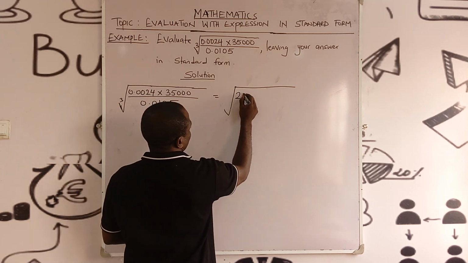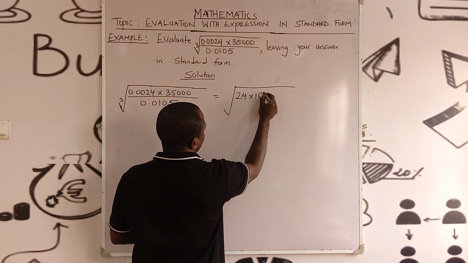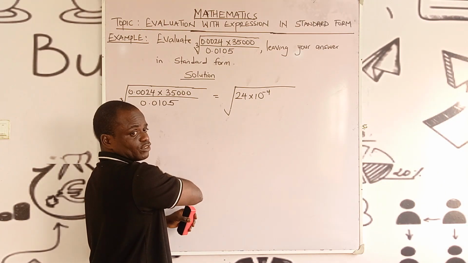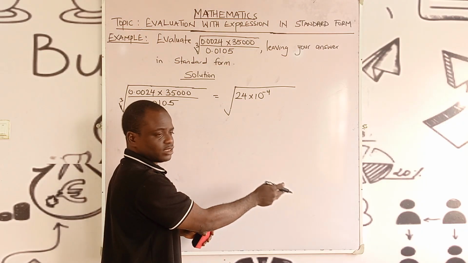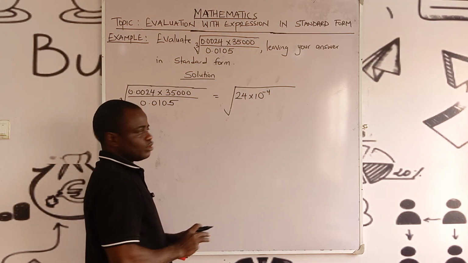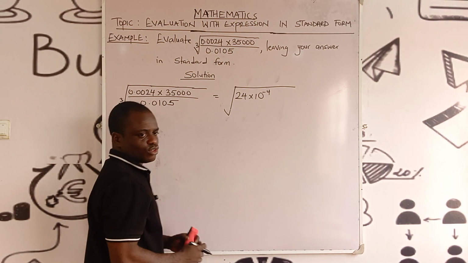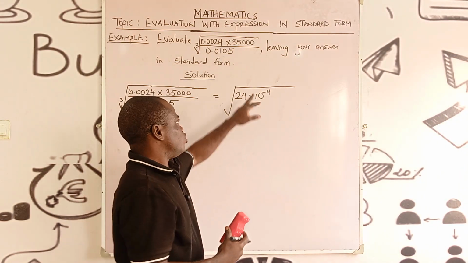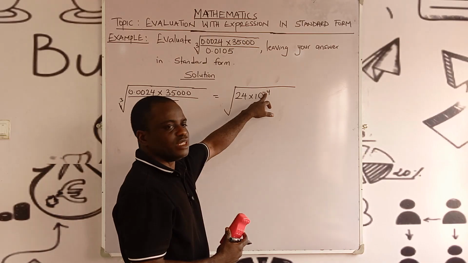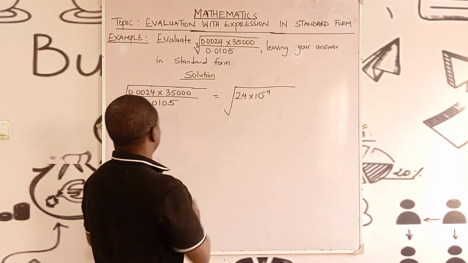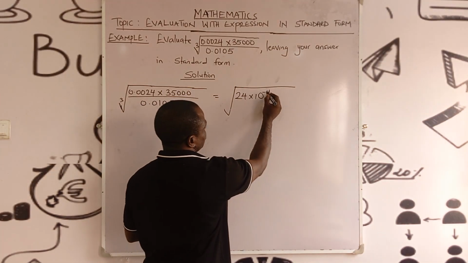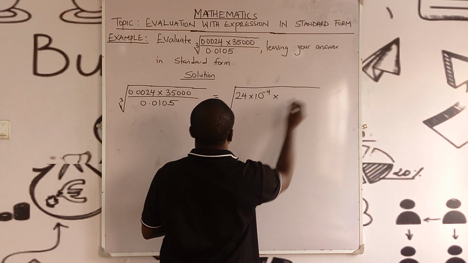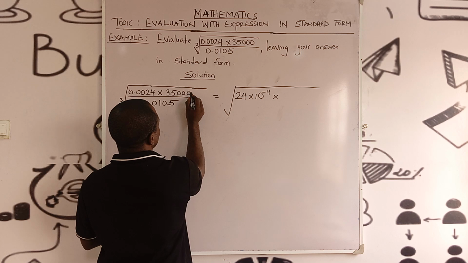That is 24 times 10 raised to power minus 4, because I'm moving from left to the right. That's why I put down minus 4. When you're moving from left to the right, your power will be negative. And I shifted 4 times, that's why I put minus 4.